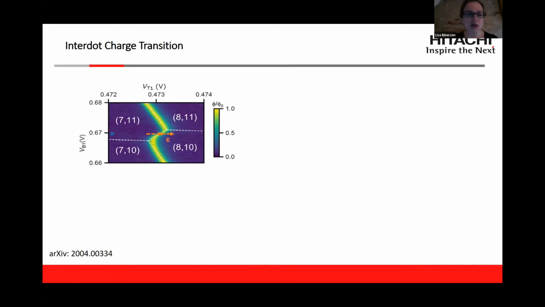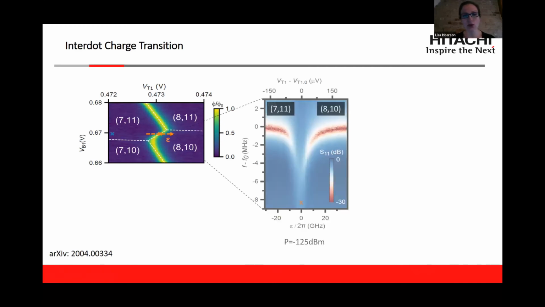And we investigate the behavior of the resonator as we move across this interdot charge transition. So along this line here, the states hybridize, and an electron is free to tunnel between the two. And we measure the resonator response as we move along in the epsilon direction by varying the bias on the VT1 gate.